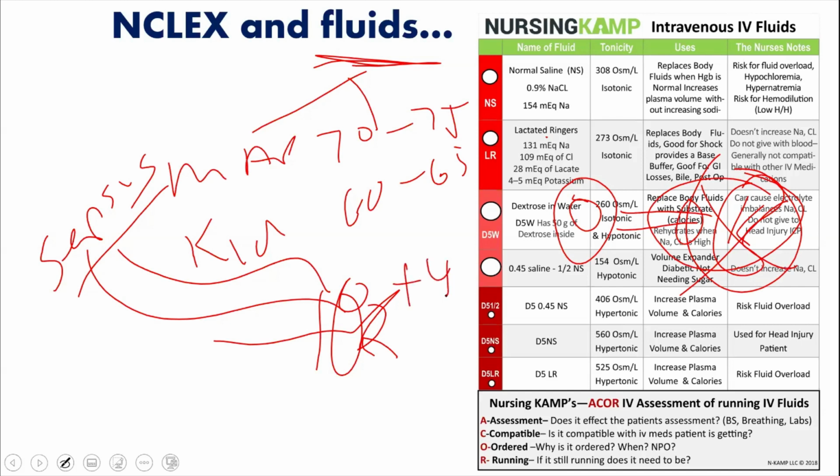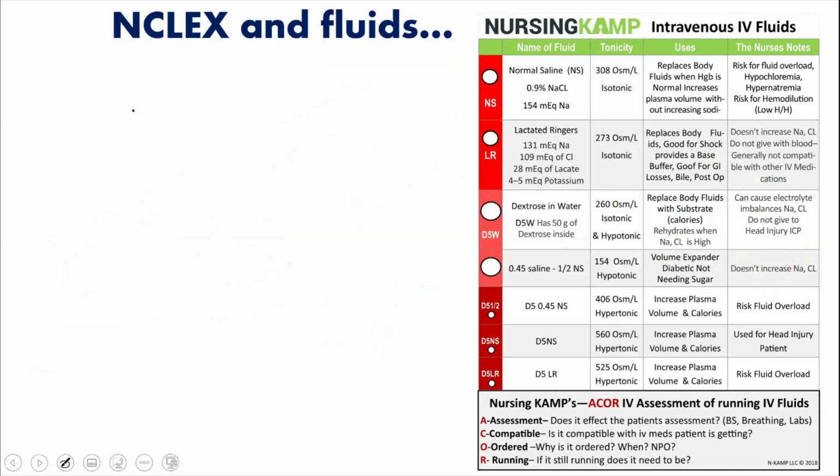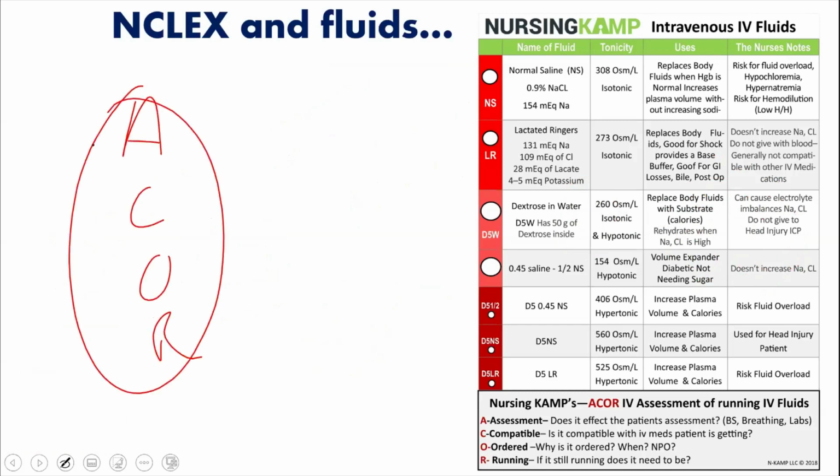We need to know the three different types, but we said that assessment is more important out of all of it. That's the A-core assessment, which is generally how I look at any kind of IV fluid that's on board, because you don't just walk into the room and normally see IV fluids, right?